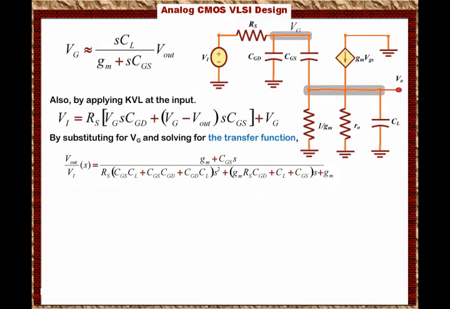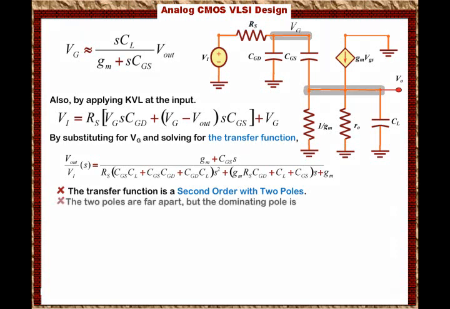What is interesting here is the transfer function is second order with two poles. The two poles are far apart, which means that one will have a major impact on the transfer function. The other one can be neglected.